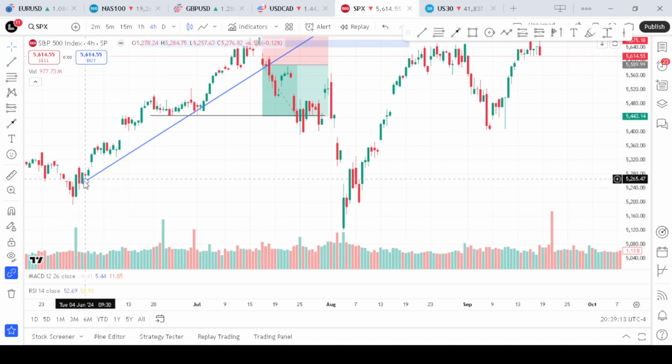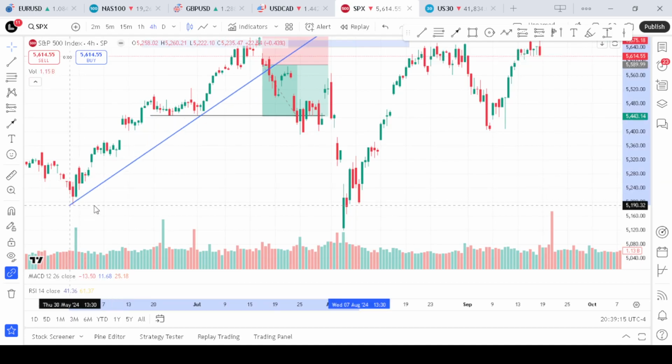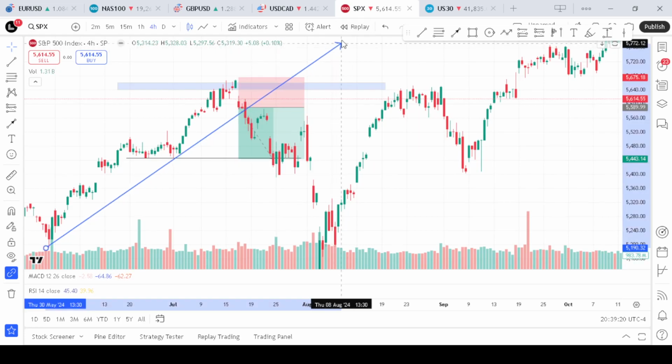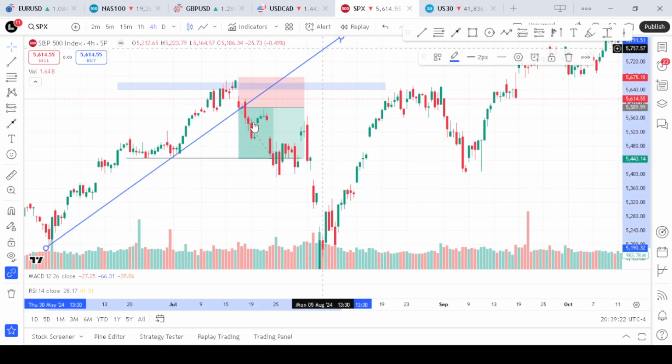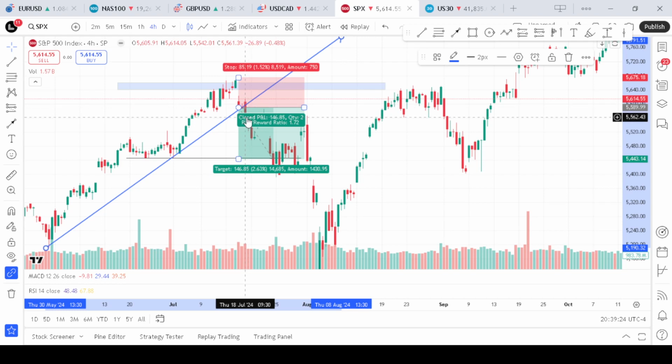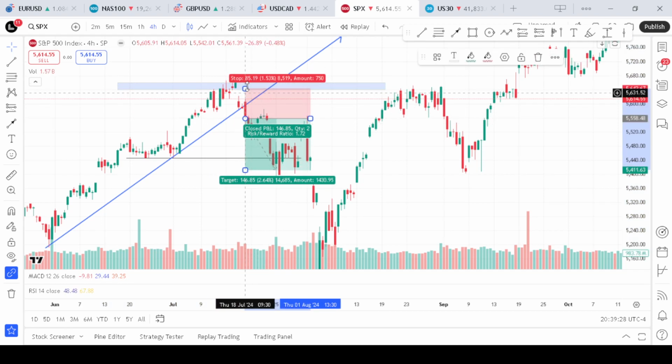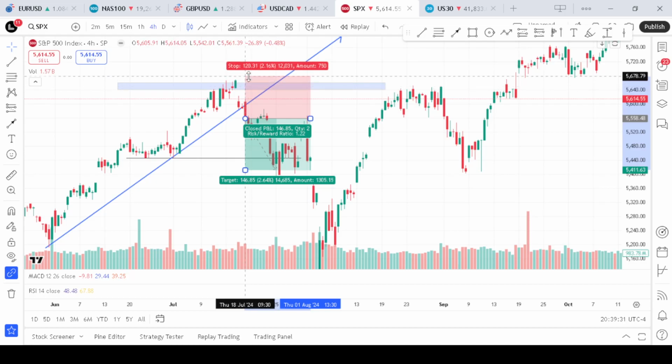Okay, let's mark it out to get a better description of what we are talking about. This is our trend line showing that the market was in an upward move. The moment price breaks below your trend line, you can take your trade to further confirm your trading setup.